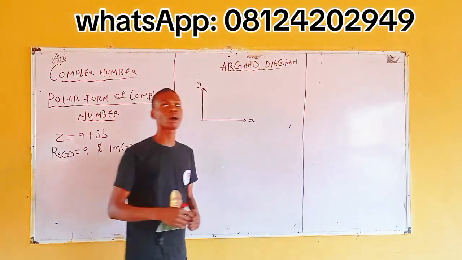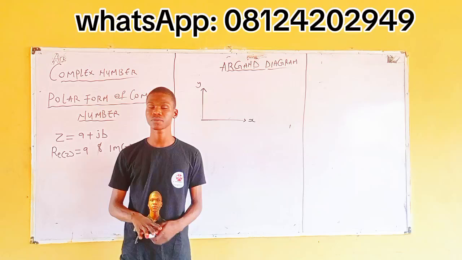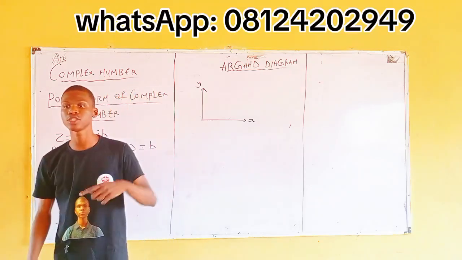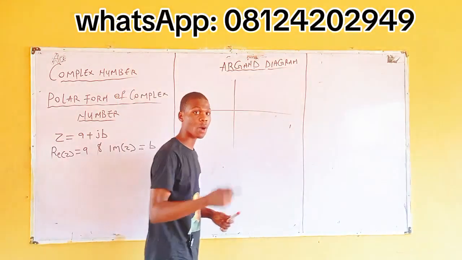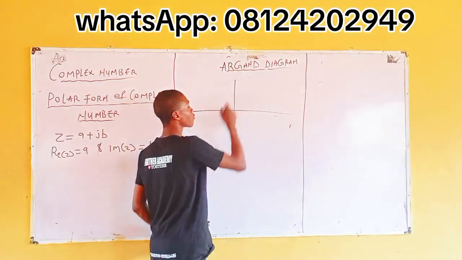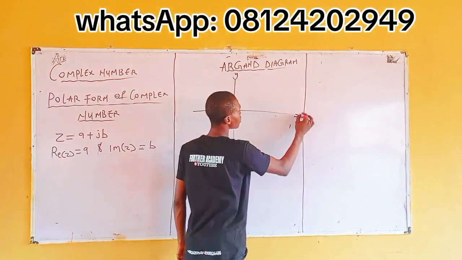By Argand diagram, we mean a geometric representation of a complex number in two dimensions. I want to explain how Argand diagram works under complex number. Recall from your Cartesian coordinates, this is your y-axis and this is your what?